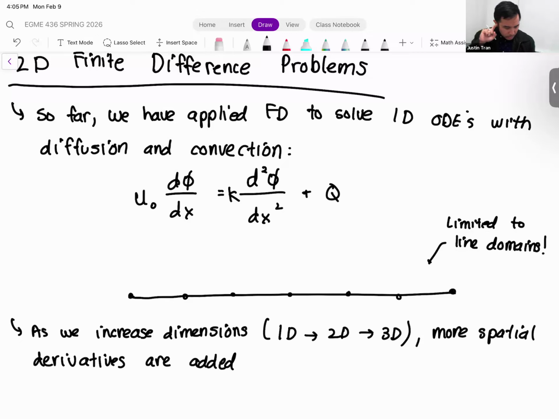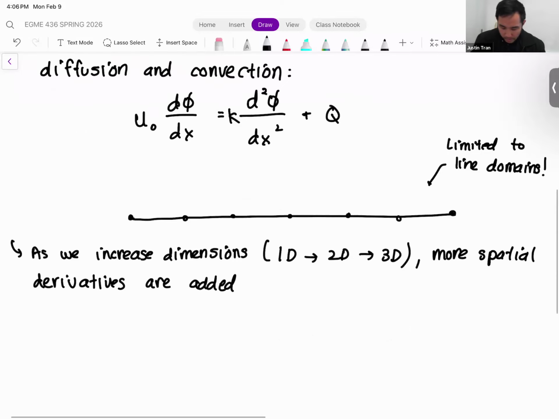So that's, I think, the most obvious thing that you'll notice, that our equations get more complex. We add more derivatives. And instead of ordinary derivatives, we start to have partial derivatives.